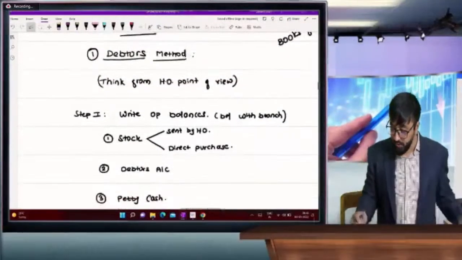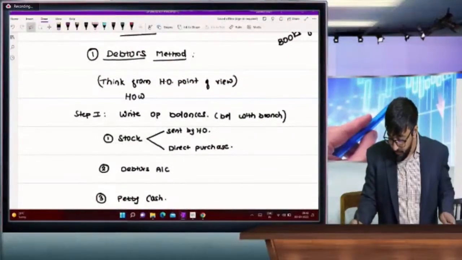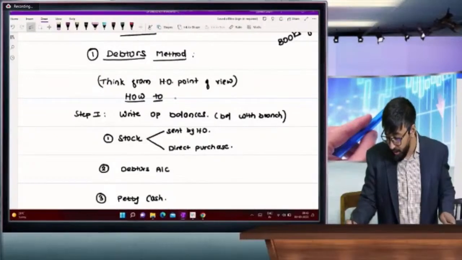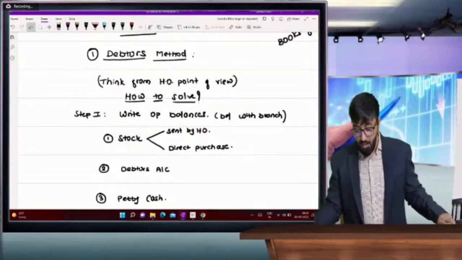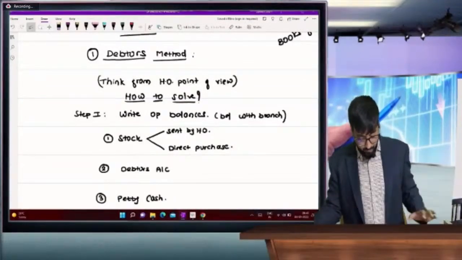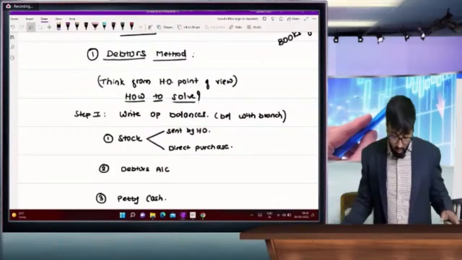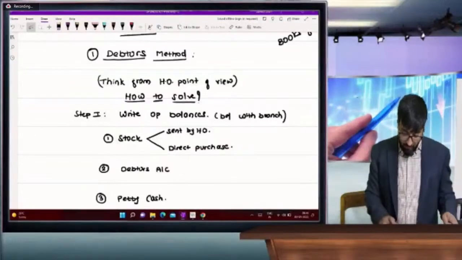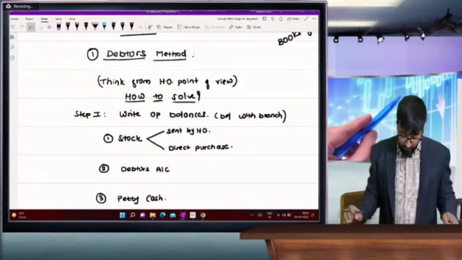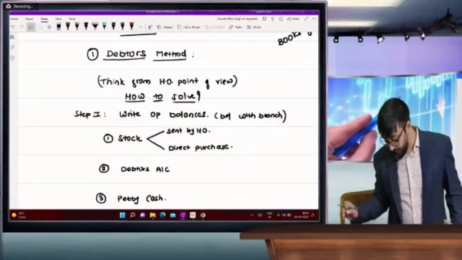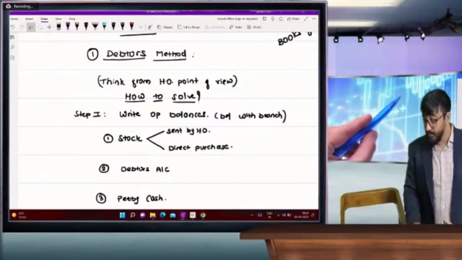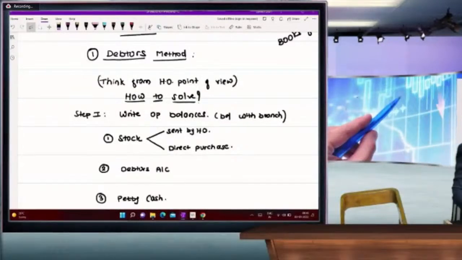How to solve this question? So these are the steps for how to solve. Very good. Are you getting it better? Please now be focused. This topic, this debtors method, is the crux of this chapter, stock and debtors.